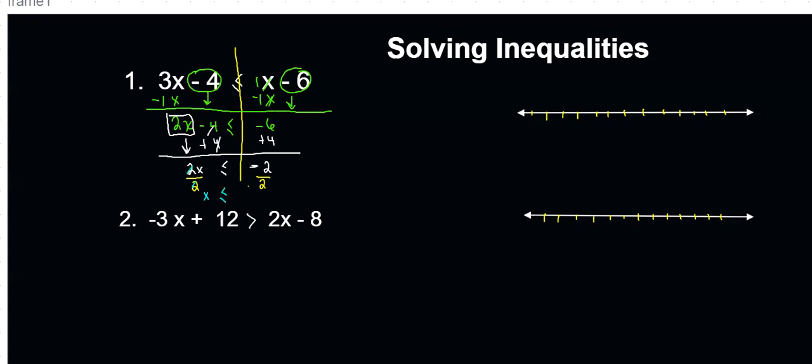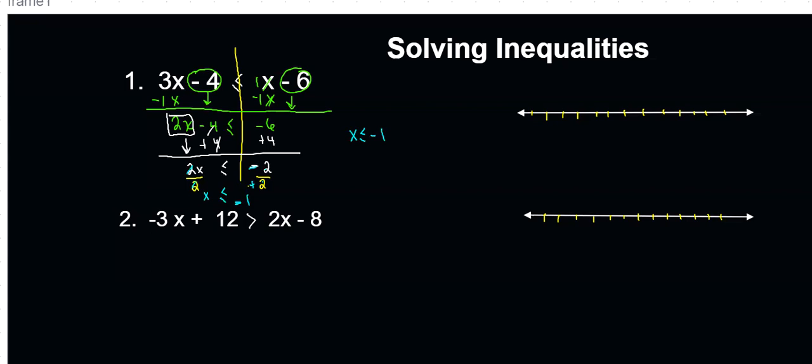A negative divided by a positive is a negative. And 2 divided by 2 is 1. So I get x is less than or equal to negative 1. All right. I did not divide or multiply both sides by a negative, so I didn't have to switch my inequality. Let's take a look at graphing this and what that means.